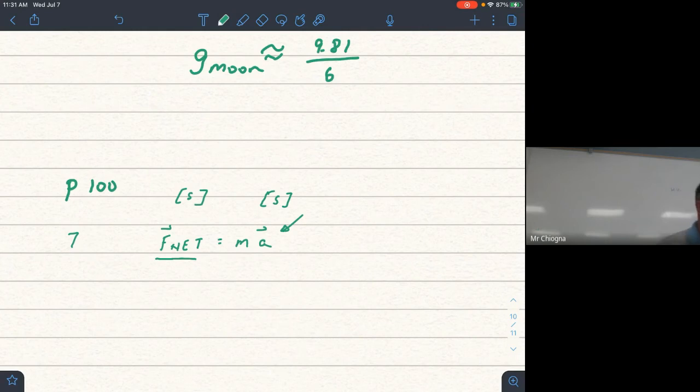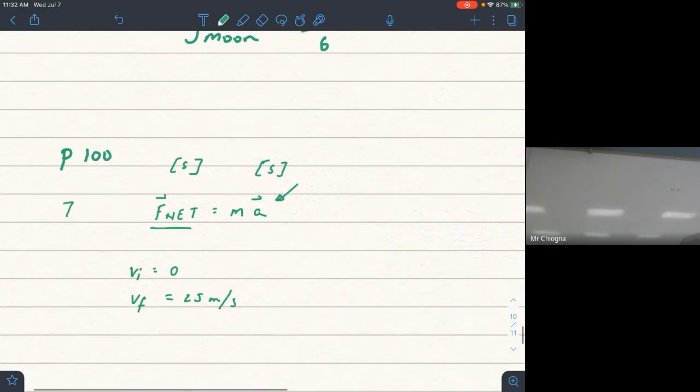Okay, now let's calculate the acceleration. I need that for the force. So make a list of what you have. You start from rest. You accelerate to a velocity of 25 in 10 seconds. I need the acceleration.